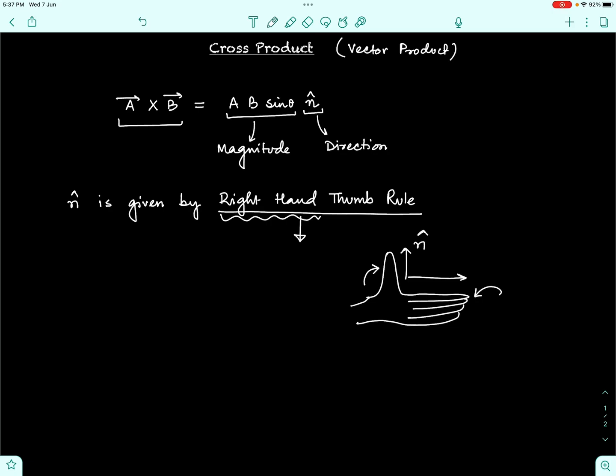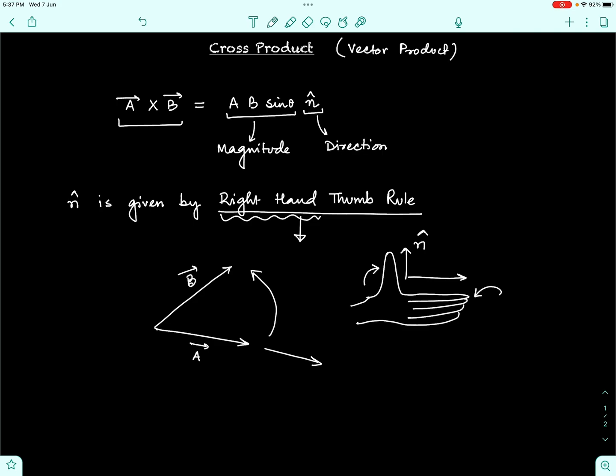So, let us see this using an example, a figure. Let us say this is vector A in a certain direction and this is vector B in another direction. Now, if we are supposed to find A cross B, we first need to point our fingers in the direction of vector A. That means the fingers of the right hand will be pointing in this direction and then we will curl our fingers in the direction of vector B. You can try doing it as I have drawn this figure on the screen.